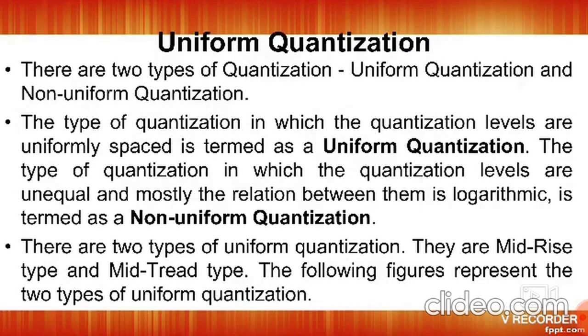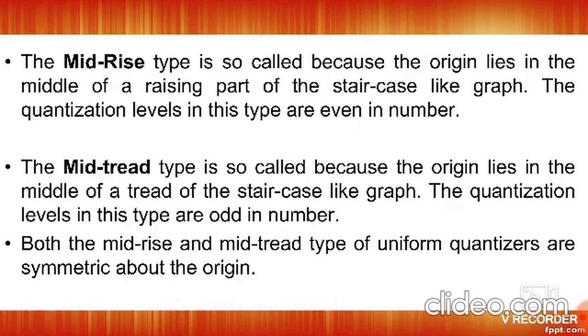Uniform quantizer means the step size used for quantization is the same throughout the levels of quantization. Non-uniform quantization means the step size is not the same; it varies throughout the quantization. Generally, there are two types of uniform quantization: mid-rise and mid-tread. Mid-rise is so called because the origin lies in the middle of the rising part of the staircase.